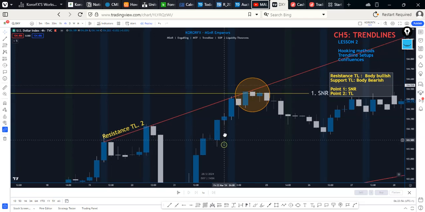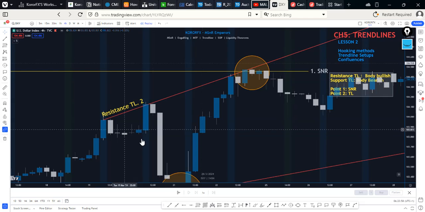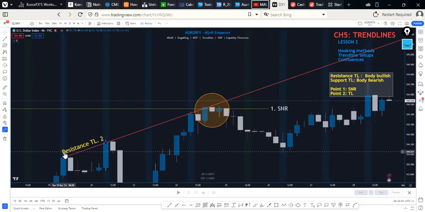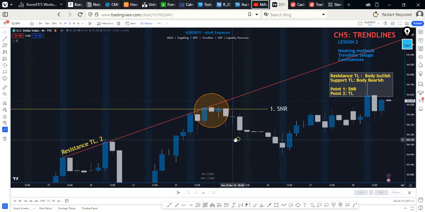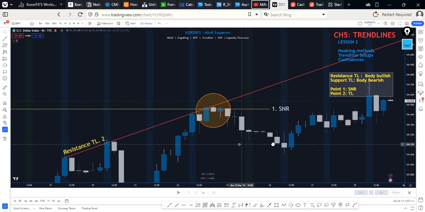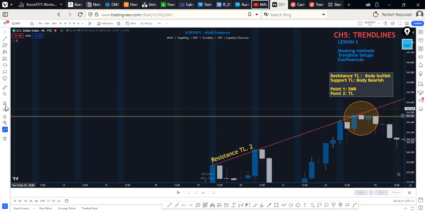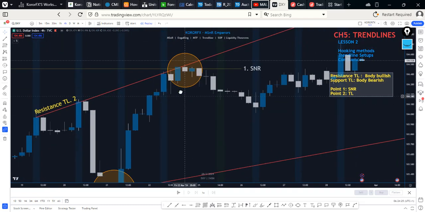All right, the body closure is where we always focus on the close of the bodies in order to make the trend line. Then we have to firstly think about whether there is SNR, support or resistance, of the Malaysian SnR type, whatever type it is, whether it is the apex, a gap, head and shoulders, or a QM setup, whatever.